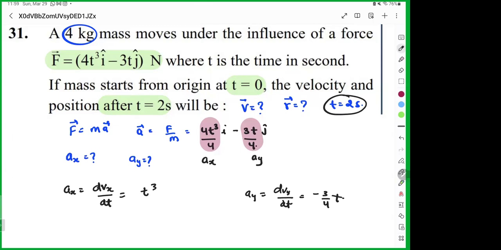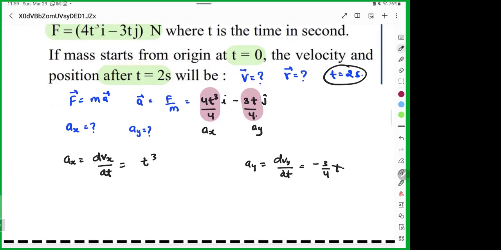Further, whatever velocity you get, for example some vx value and some vy value, you will then do integration again, because we know dx by dt is equal to vx, and dy by dt is equal to vy. Now you have to calculate position.